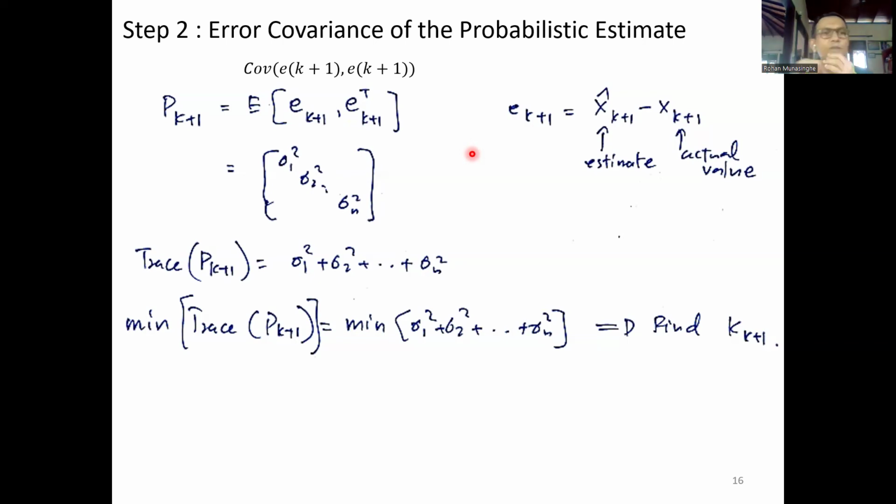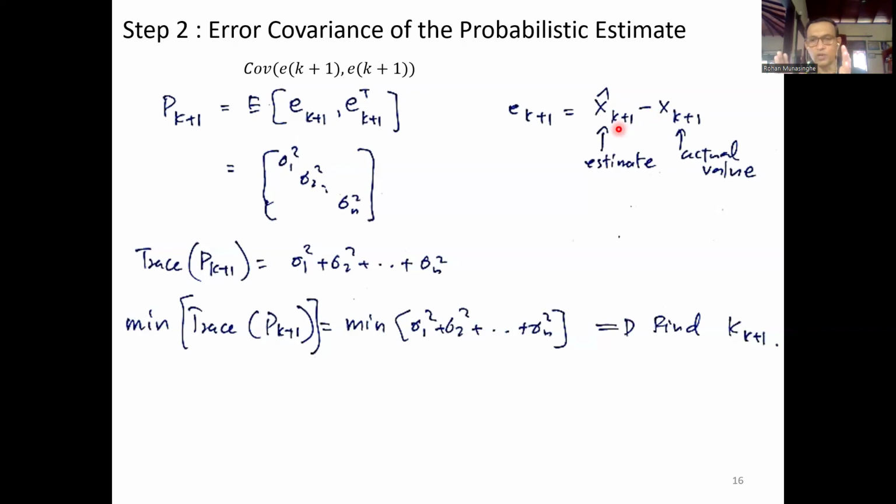Okay, right. So when you have an error, let's say e k plus 1, this is the error. It's the difference between the actual value and the Kalman filter prediction, that is x hat minus x. You can have timestamp k plus 1 or k.